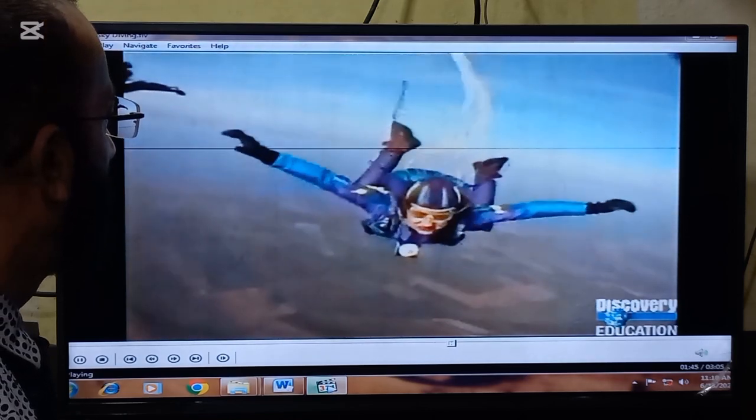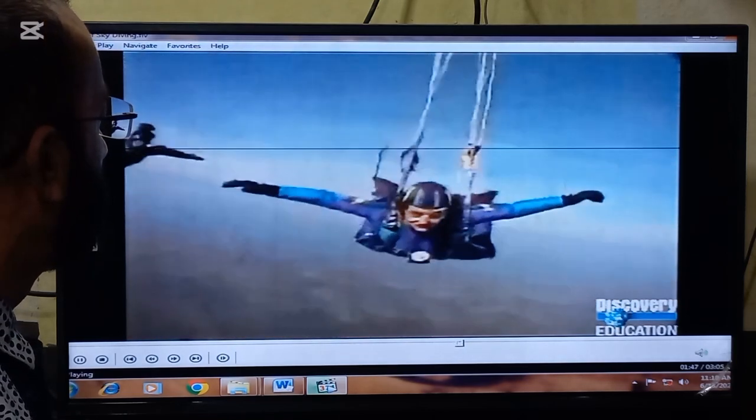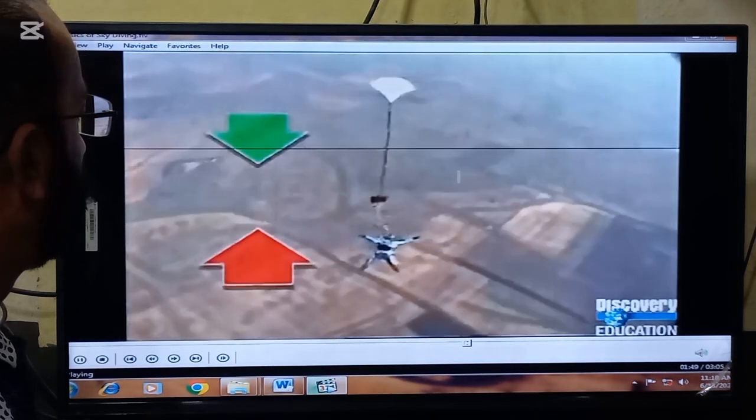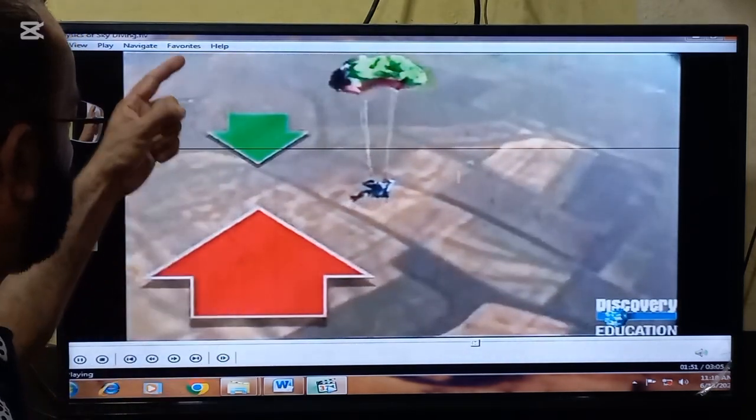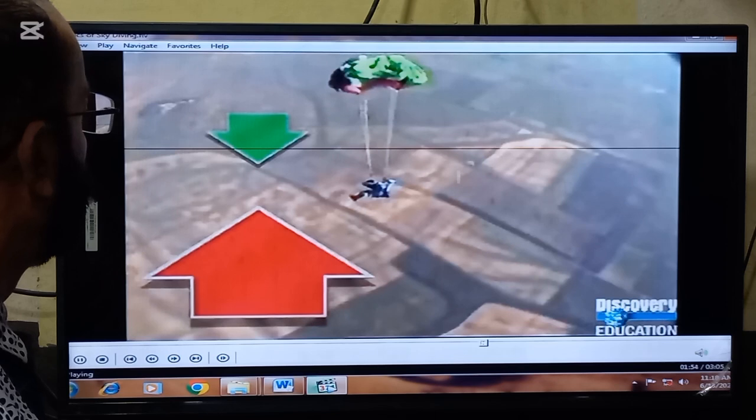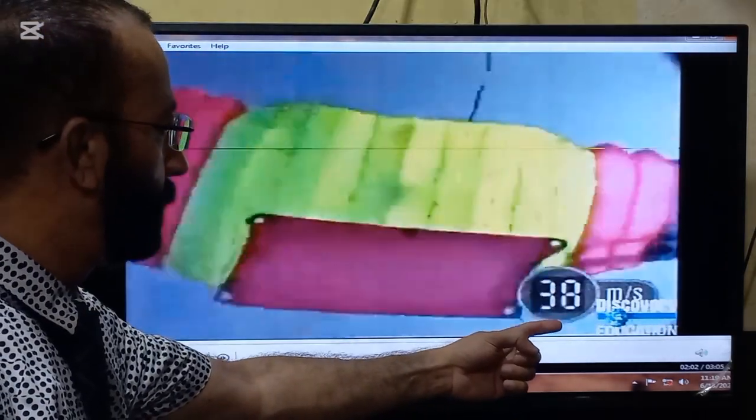To slow down, the upward force needs to be greater than the downward force. When the parachute opens, air resistance suddenly becomes much greater than gravity. The forces are no longer balanced, and this changes her speed. She slows down.